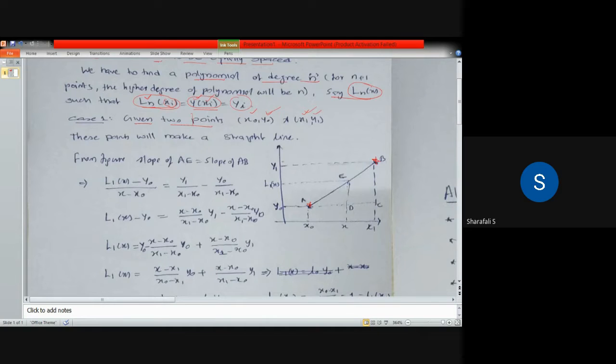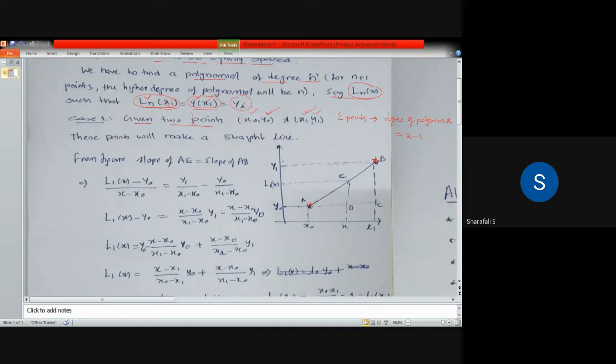So the simplest polynomial: 2 points implies the degree of polynomial should be equal to 2 minus 1.